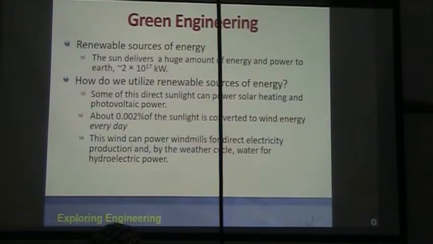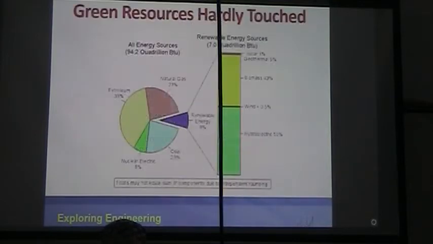So that wind energy also comes from the sun. So our wind is powering windmills. Our weather cycle is dumping water up in the high elevations so that we can make hydroelectric power. Well, one thing is that we are hardly even using our renewable energy sources.